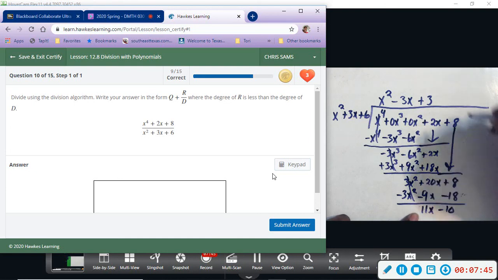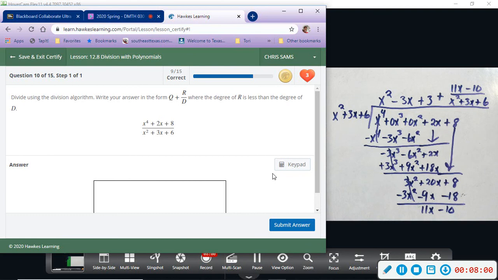Since the first term is positive, I'm going to say plus 11x minus 10 over our divisor, which is x squared plus 3x plus 6. Okay. That was a pretty long one.